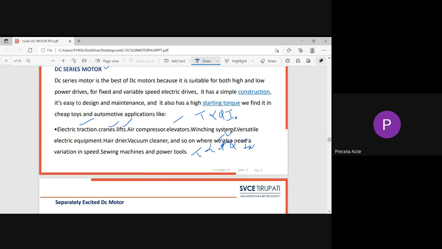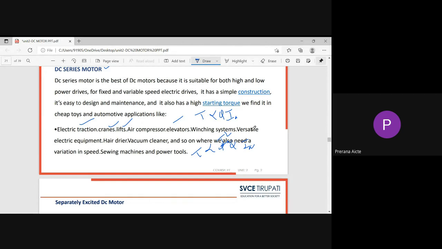Which indicates, suppose 10 amperes of load current, 100 Newton meter torque will be developed. Suppose 100 amperes load is given, the torque developed is 100 square, 10,000 Newton meter. That is the capability of the DC series motor.